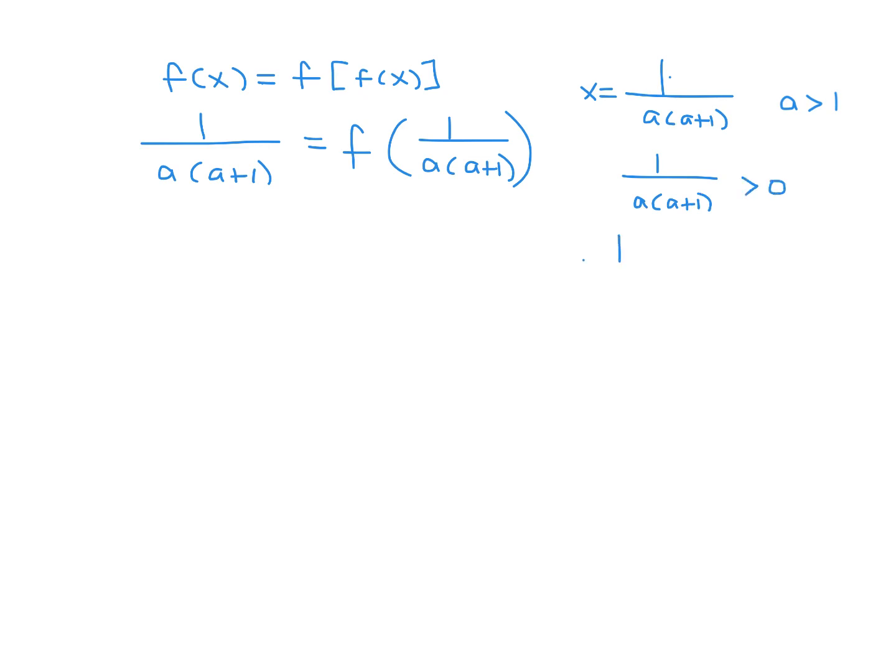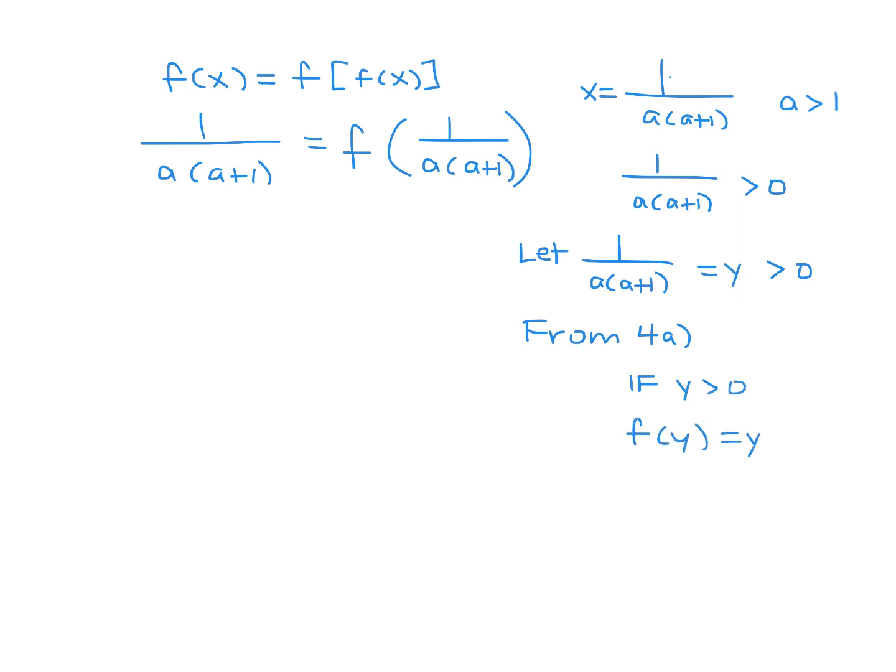So what I'll do is I'm going to let this a times a plus 1 equal y, and therefore y is greater than 0. And if you recall from 4a of this question, we had proven that if y is greater than 0, f at y is equal to y. We had just done that.